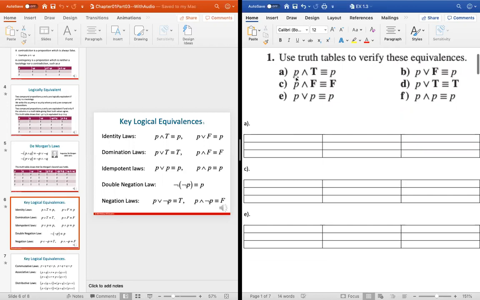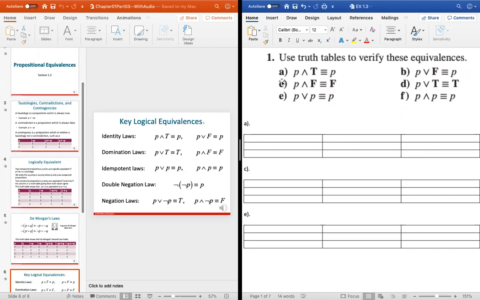So this P here is a propositional symbol, and this T here signifies a truth value. This P here is the same as this one, and this symbol is for logical equivalence. We have to make a truth table and prove that the left hand side is equal to the right hand side.